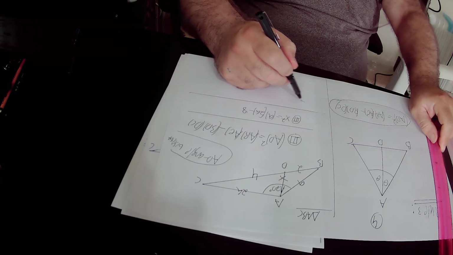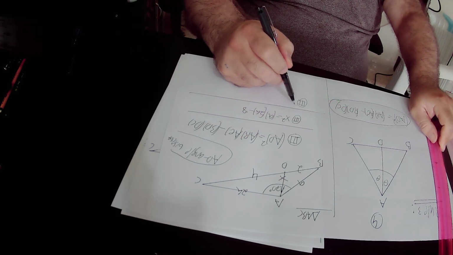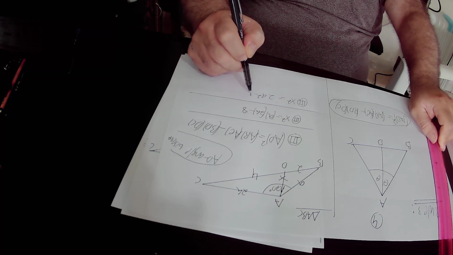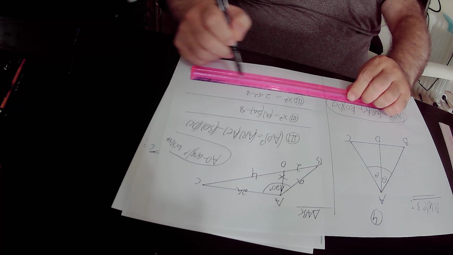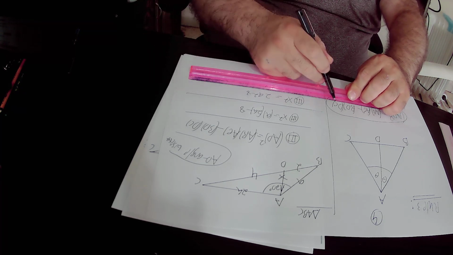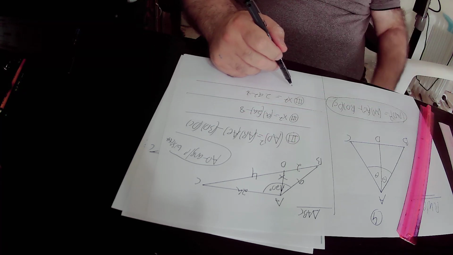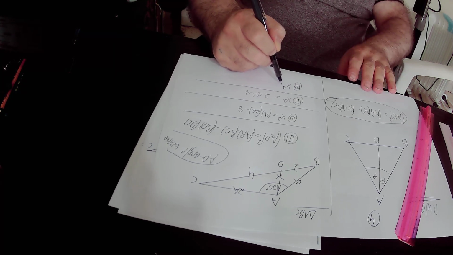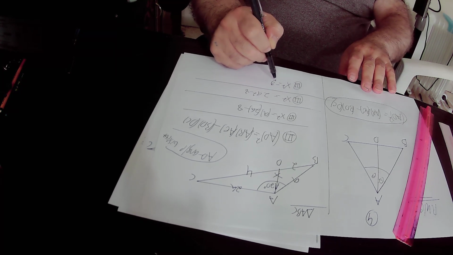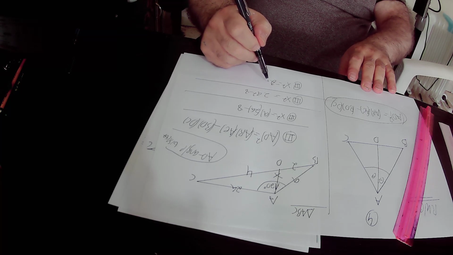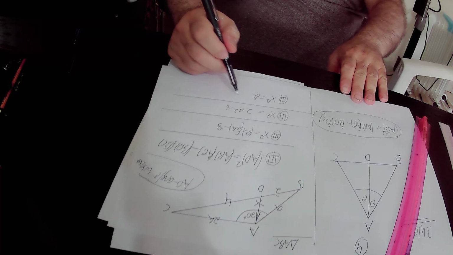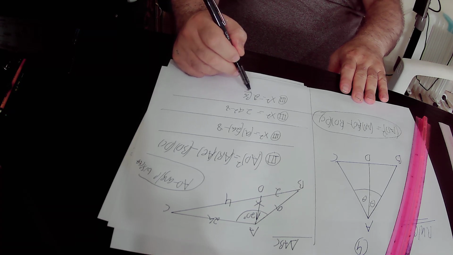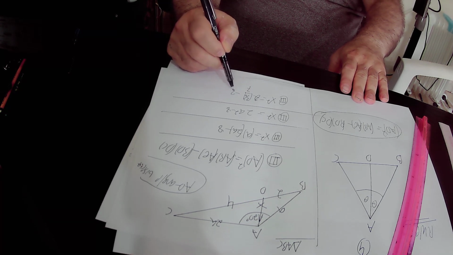So here we found out that x squared equals 2a squared minus 8. But we have already found out that a squared equals 36 over 7, so we substitute a squared by 36 over 7, minus 8.